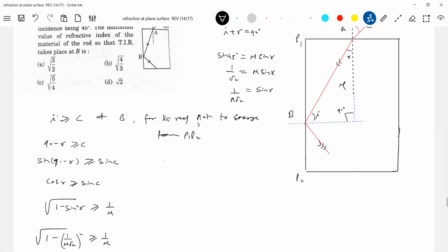Substituting this, 2 mu square minus 1 over 2 mu square.